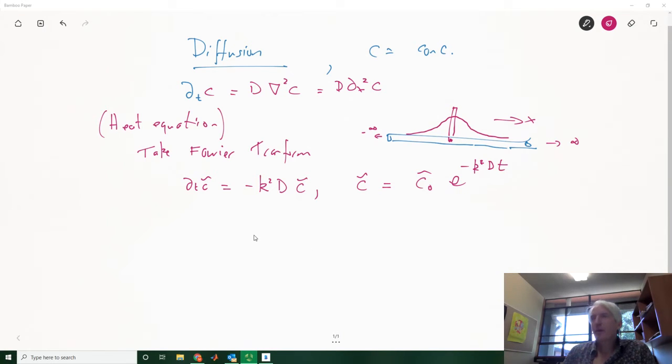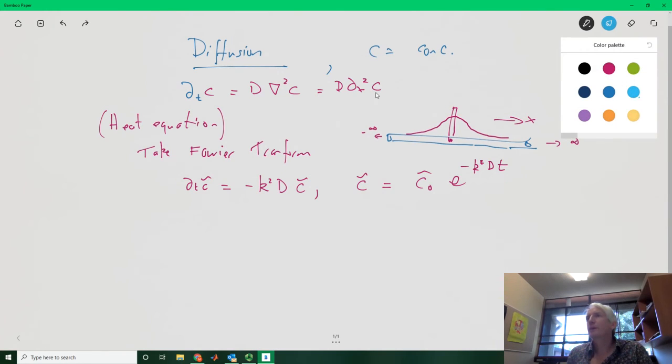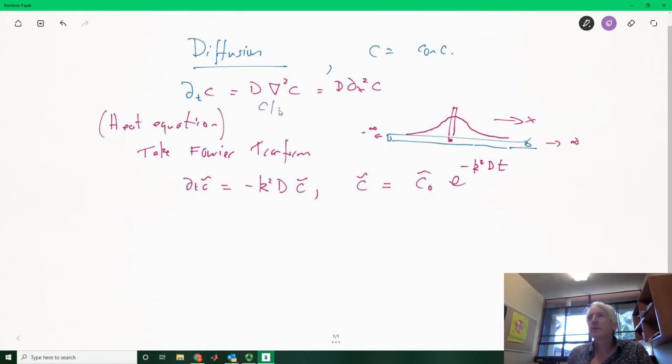And we can write down the solution here. This thing has some initial conditions which I'll write in, so maybe give me purple. So we have c, when t is equal to 0, is c naught of x. Okay, so c hat here is the Fourier transform of c naught.